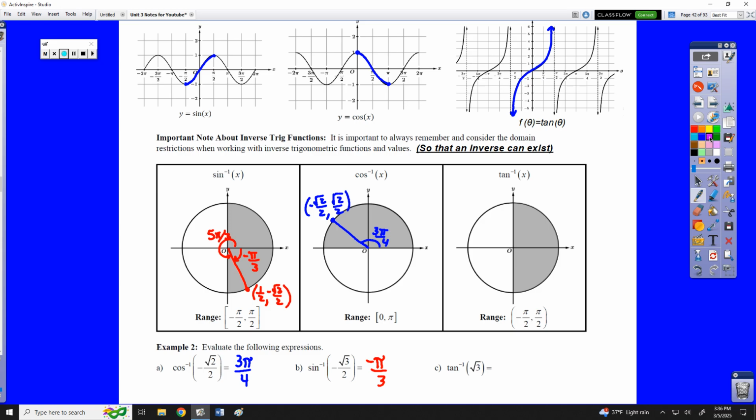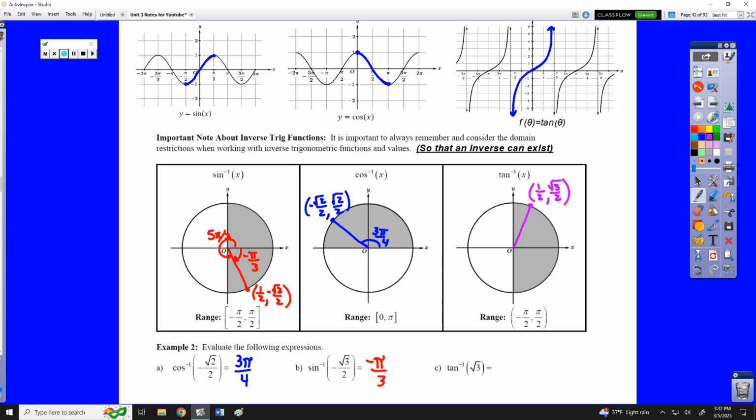Finally, for the inverse tangent of root 3, we are looking for the value that has a sine of root 3 over 2 and a cosine of 1/2. It has to be in quadrant 1 or quadrant 4. Again, our sine has to be root 3 over 2, and our cosine has to be 1/2, so that when we divide our sine by our cosine, we get root 3.